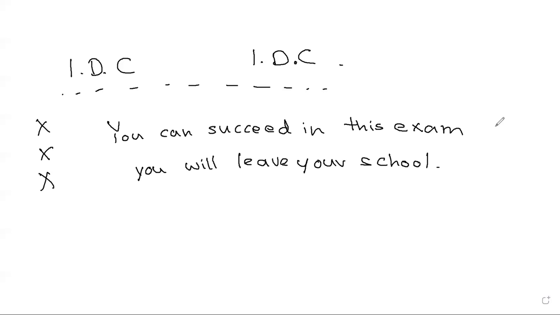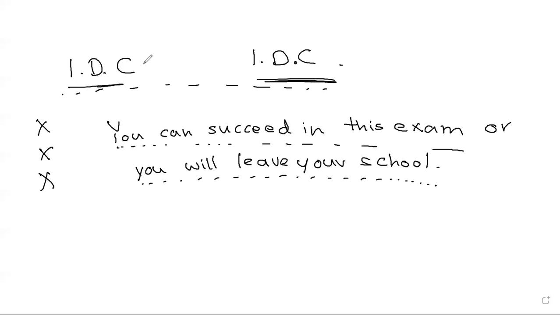Now, if you say or, that is not enough, okay? Because this is an independent clause. This can stand alone. This is an independent clause. Now, what do the rules say? When we have two independent clauses standing next to each other, we must put a comma and a coordinating conjunction such as or here. Okay, so you're going to say, comma or you will leave your school.